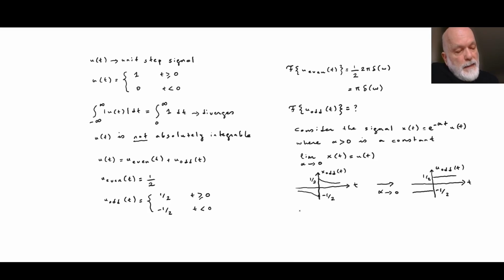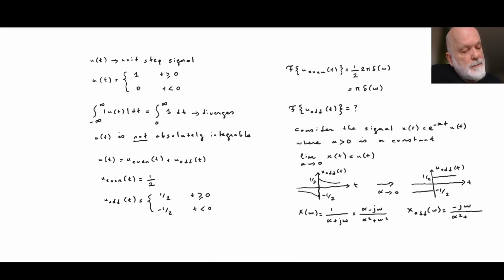Now, X of omega is, remember, 1 over alpha plus j omega. So it is equal to alpha minus j omega divided by alpha square plus omega square. So the Fourier transform of the odd part of x of t is minus j omega divided by alpha square plus omega square.